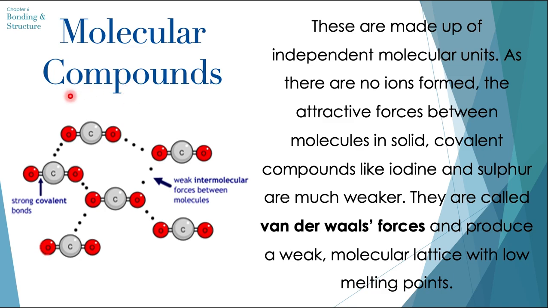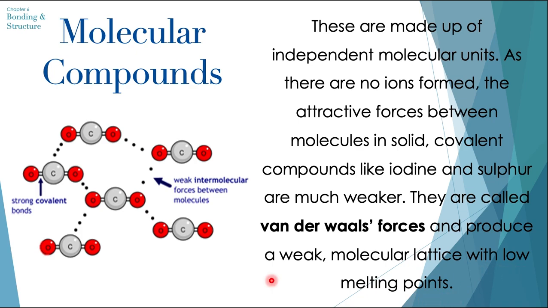These molecular compounds are made up of independent molecular units. And as there are no ions formed, the attractive forces between molecules in solid covalent compounds like iodine and sulfur are much weaker. And these are called van der Waals forces. These produce a weak molecular lattice with low melting points.